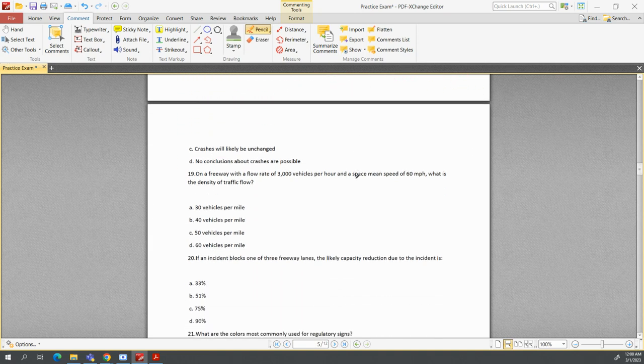Next question. On a freeway with a flow rate of 3000 vehicles per hour and a space mean speed of 60 miles per hour, what is the density of the traffic flow? The flow rate v equals 3000 vehicles per hour. Space mean speed is given as 60 miles per hour.